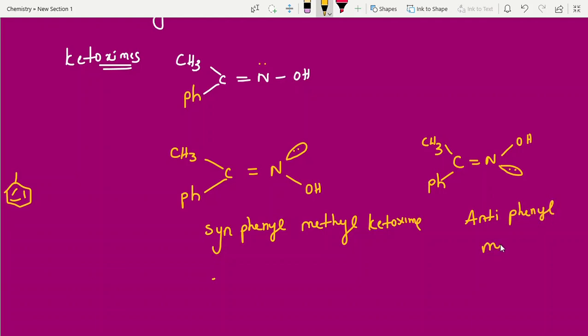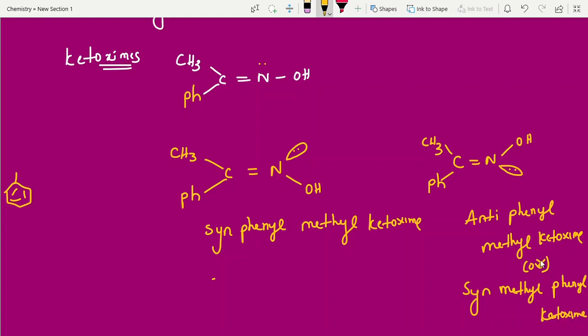Anti-phenyl methyl ketoxime, or else you can write one more name, syn-methyl anti-phenyl methyl ketoxime, syn-methyl phenyl ketoxime.